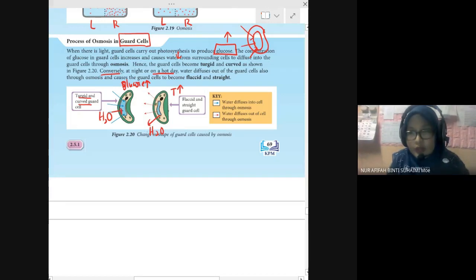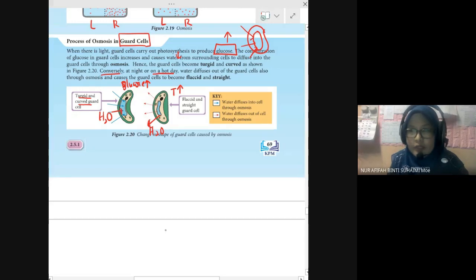Water diffusing out means that the concentration of water outside is less than inside. So yang ada banyak dekat dalam ni, water inside is more than outside. It will diffuse out to the airspace between the cells of the leaf.